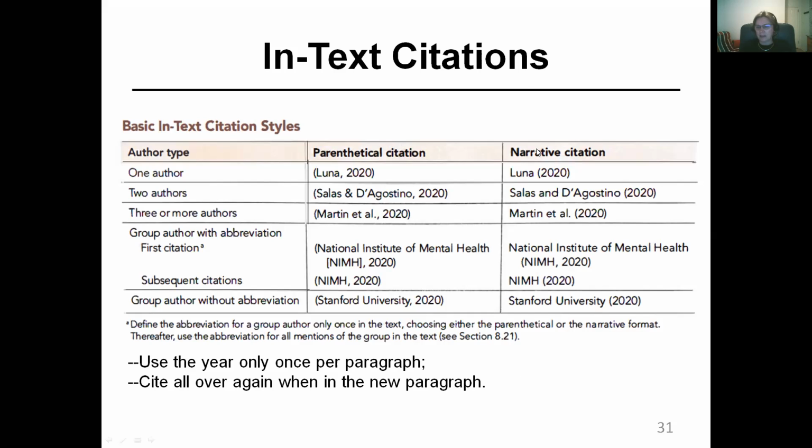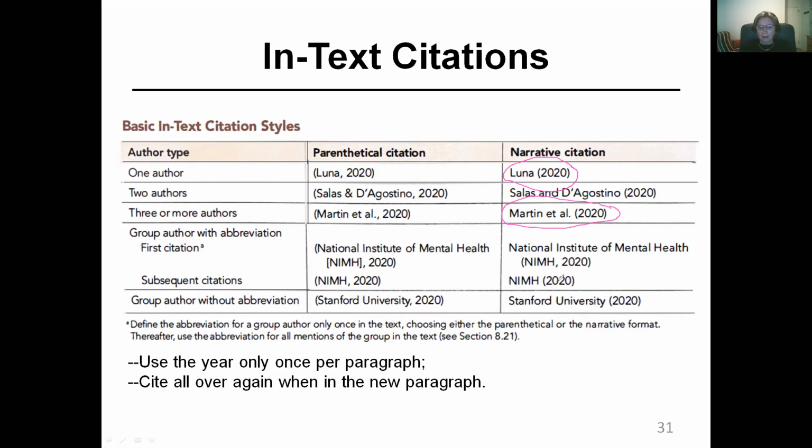It's called narrative citation. That's the stuff that's on the right. So you'll say Luna 2020 found, suggested, hypothesized, whatever this person did. And if it is 3 or more authors, you're going to use this format. So Martin et al. 2020.